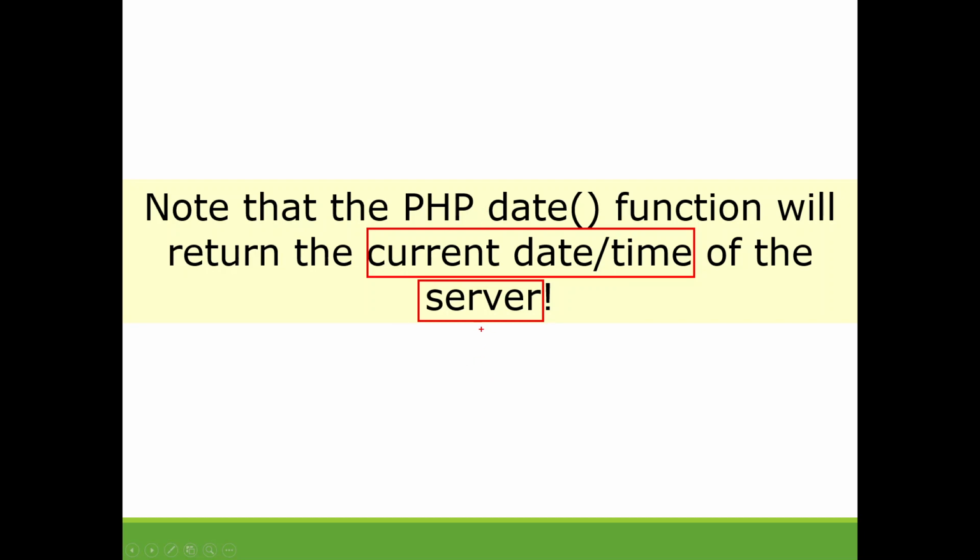If you've created your site and hosted it, for example, on the cloud, on Google servers, then depending on the location of that particular Google server, the current date and time will not be the time of where you are. If you're in Kenya and that server has been hosted, for example, in the US, then you're going to get the current time of the US and not the current time of Nairobi, Kenya. So it is important to understand that.